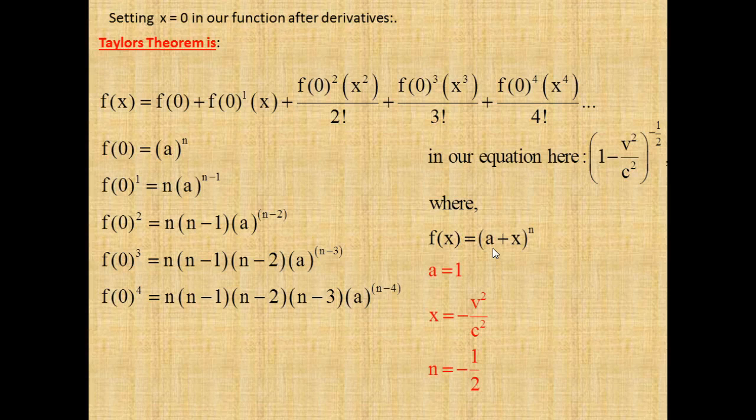A is 1, x is equal to minus v squared over c squared, right there, and n is equal to minus 1/2, right there. Okay. So if we solve all of these right here, and we replace these variables into all of our derivatives, we replace a with 1, and we replace n with minus 1/2.